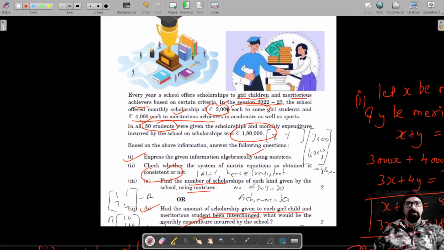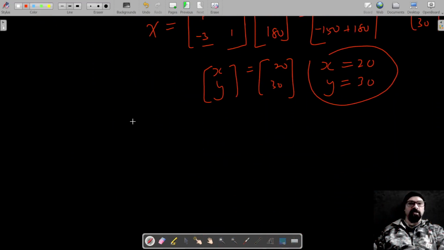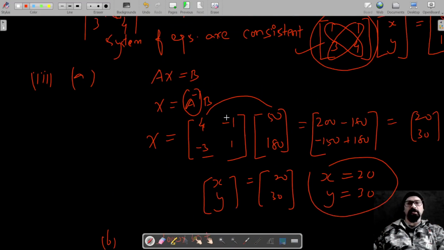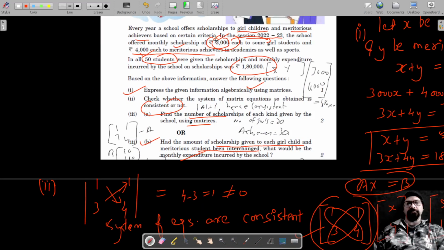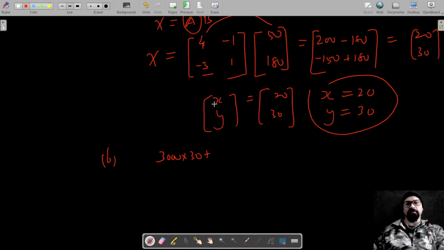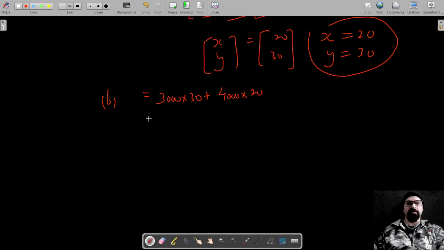So we have to change the amount of scholarships given. Initially, it was 3,000 for girls. So now it's 3,000 for meritorious achievers. So this is 3,000 into 30. And what was initially given to the girls is now given to meritorious achievers, and what was for meritorious achievers is now given to girls. So this is 4,000 into 20 for girls. So just interchange them. 3 3s are 9, this is 90,000, plus 4 8s are 32, this is 80,000.